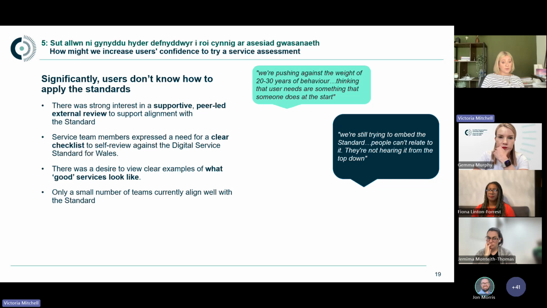There was a desire to view examples of what good looks like. Self-led reviews were thought to ease fears and lower the barrier to engagement, and only a small number of teams currently align well with the standards and are probably ready for a more in-depth assessment itself.